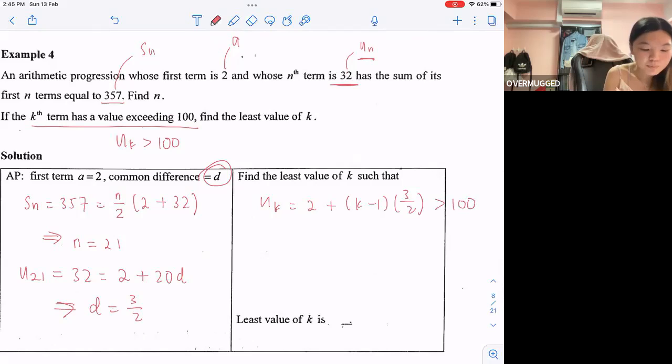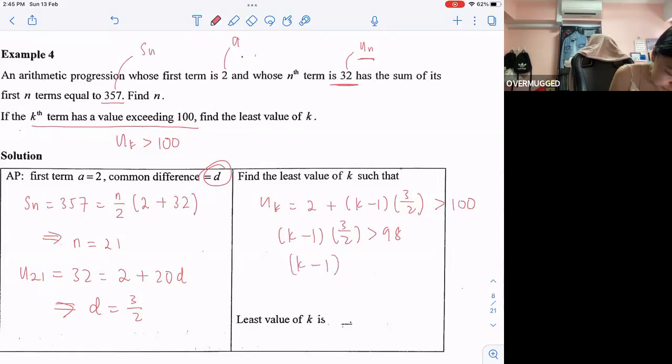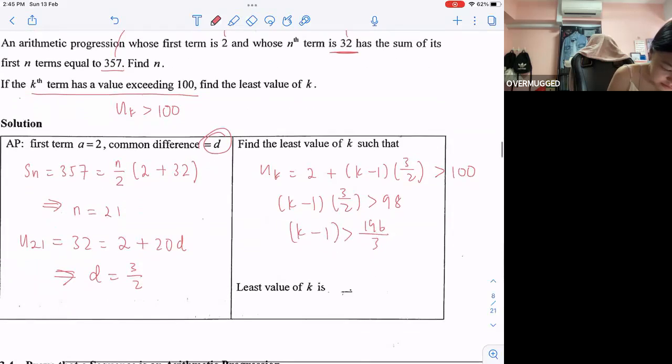I will compute. So k minus 1 times 3 over 2 has to be more than 98. k minus 1 has to be more than 196 over 3. k has to be more than 66 and 1/3.